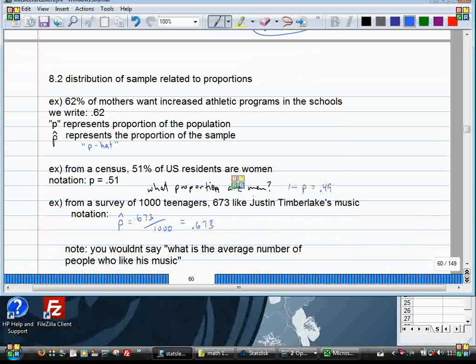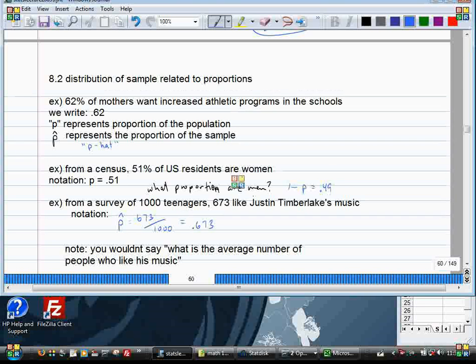Even though you see the number 673 and 1,000, what you need to find here is a proportion. And remember that a proportion is basically a fraction, so it's going to be a decimal number. 673 out of 1,000.